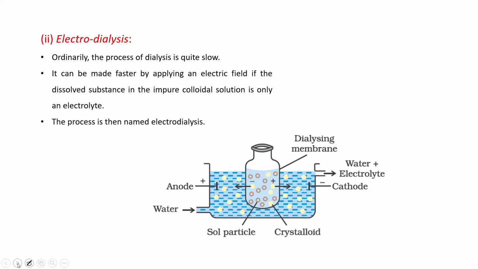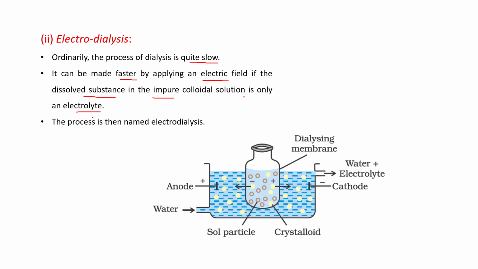Actually, this is dialysis. Under normal conditions dialysis is a slow process. To enhance the process, if we use an electric potential, then this is known as electrodialysis. The ordinary process is quite slow. It can be made faster by applying an electric field if the dissolved substance in the impure colloidal solution is only an electrolyte, because electrolytes have positive ions and negative ions.